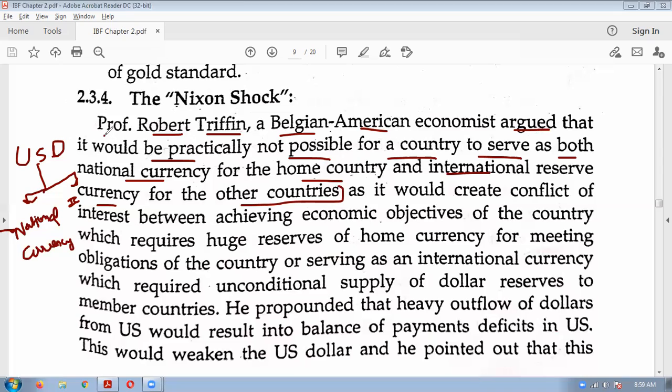But Professor Robert Triffin, Belgian American economist, said that it would not be practically possible for a country to serve as both national currency and international currency.